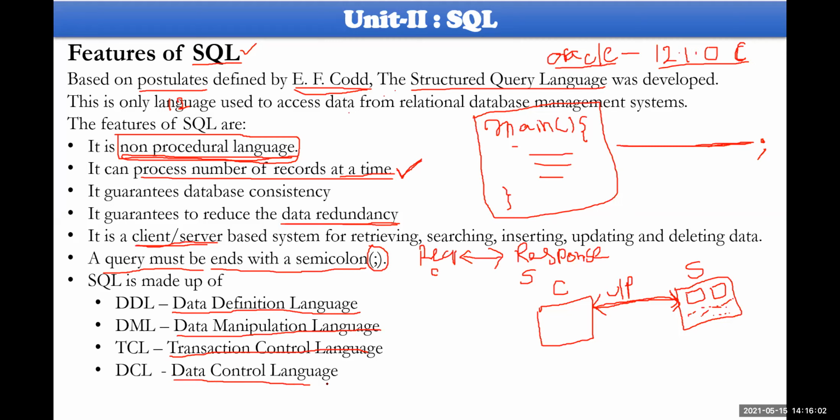These are the four different types of languages available in databases. Out of these four, data manipulation language is very important. If you learn data manipulation language properly, yes, you could be a master in SQL.